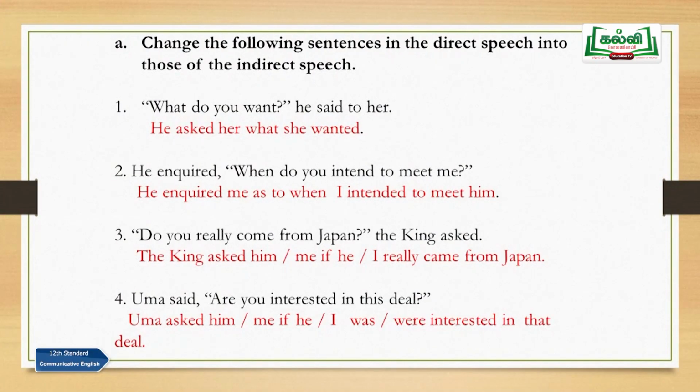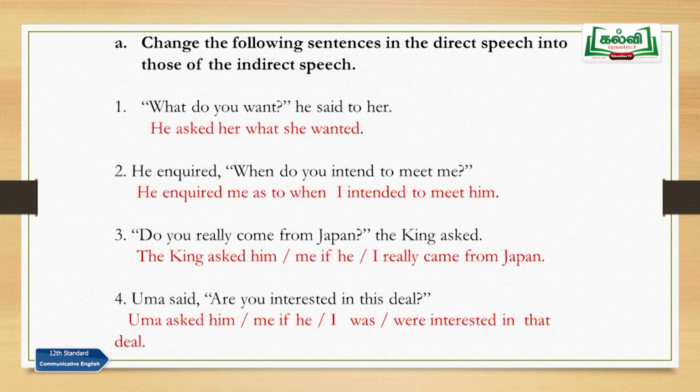So he inquired of me as to when I, again same rule as found in the previous sentence, "do intend", present tense, so past tense, "intended". When I intended to meet him. I know that he is talking to me because he says, "When do you intend to meet me?" So that pronoun "you" changes into "I". So he inquired of me as to when I intended to meet him. "Meet me": "me" changes to "him".